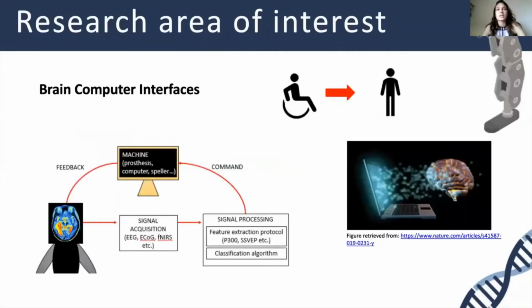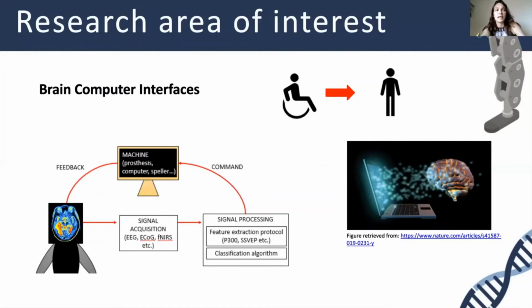And more about what I'm interested in terms of research. My actual area of research at the moment is brain-computer interfaces, which I've worked on a lot this year. And for those of you who don't know, the basic principle of it is the aim is to help people who are disabled, who can't walk anymore, who can't speak, to be able to function properly and normally again.